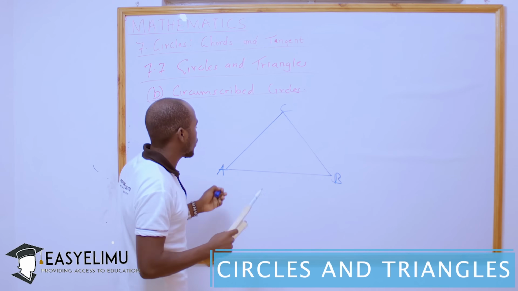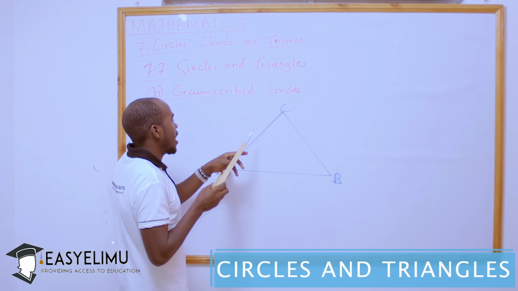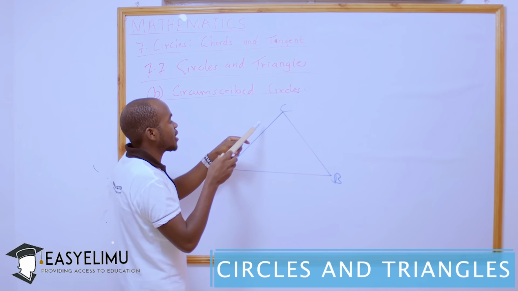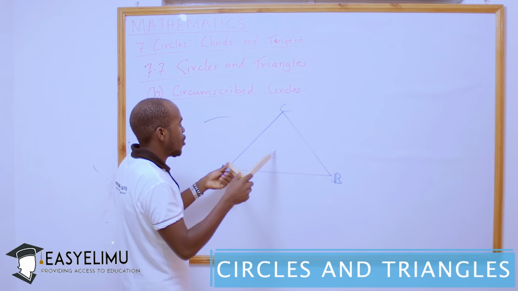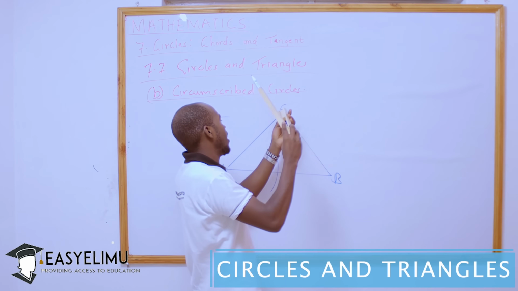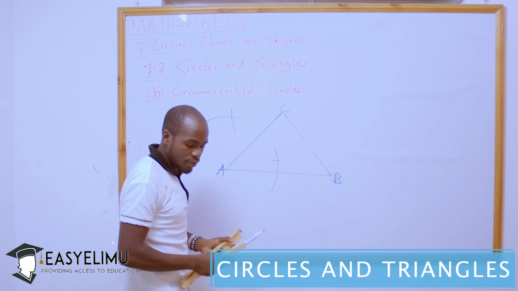So I may choose side AC and construct a perpendicular bisector to it, such that we shall have an arc of any given length in that way.